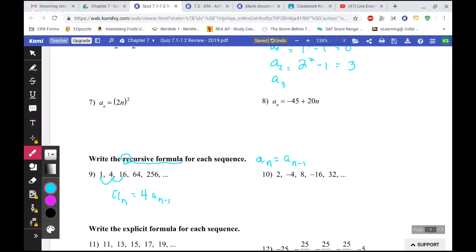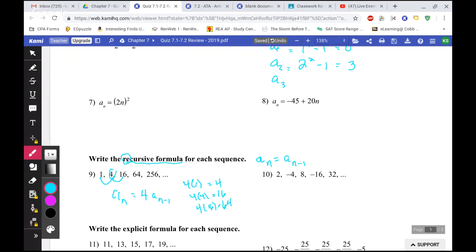Just to make sure that we've got it right, let's take a look at it. If we plugged in 4 times 1, we would get 4. And then if we plugged in 4 times 4, we would get 16. And if we plugged in 4 times 16, we would get 64. So we know we're on point there.